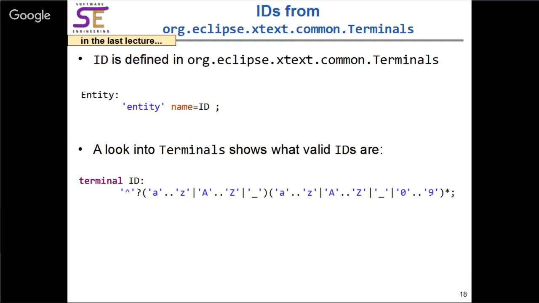Then next we have something in enclosed parentheses, and here it says we can have either a lowercase letter a to z, or, and this vertical bar is an or, a capital letter A to Z, or an underscore, and this can be followed by zero or many next symbols, which can be either lowercase letters, capital letters, underscores, or digits.